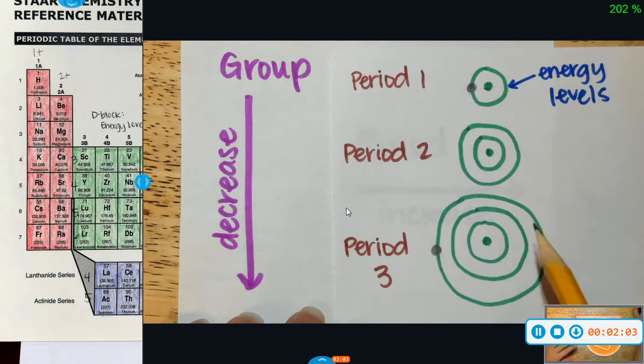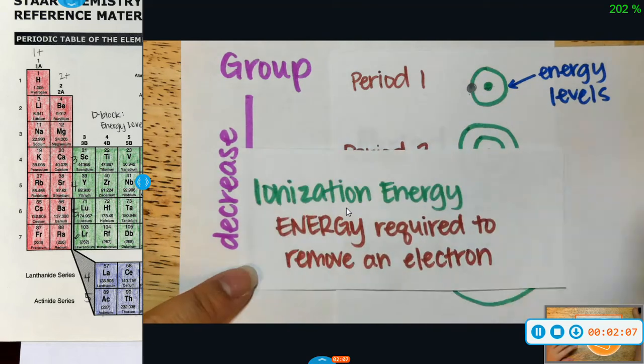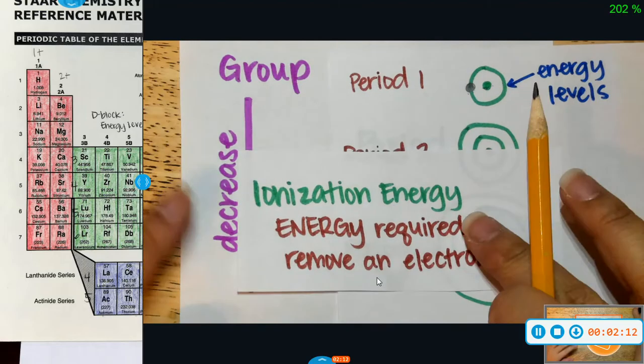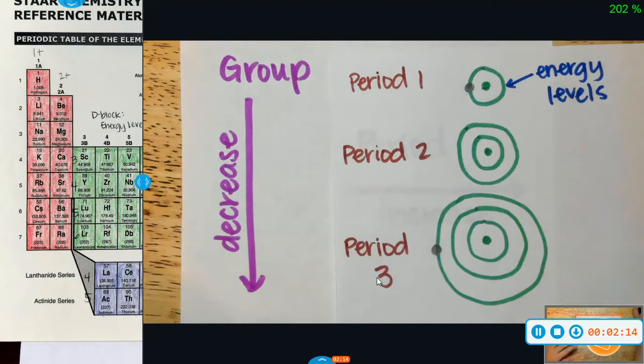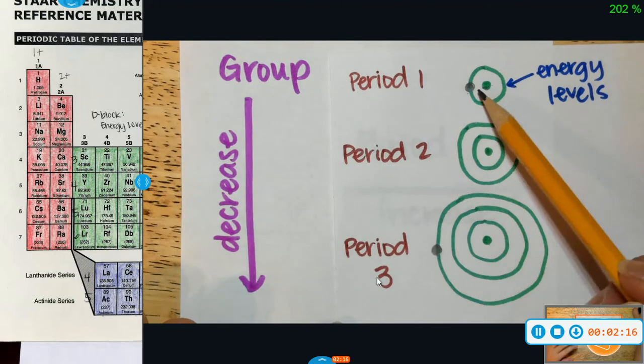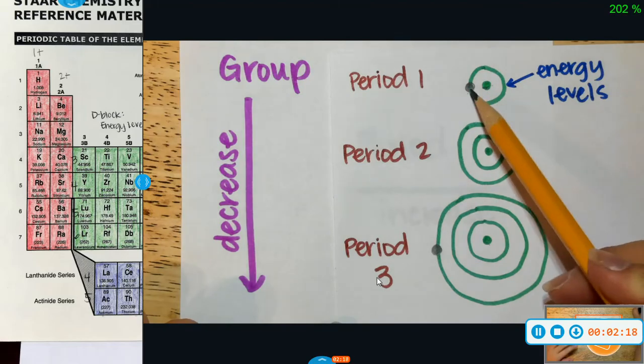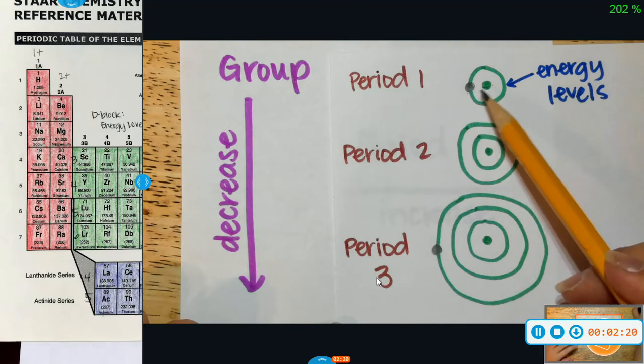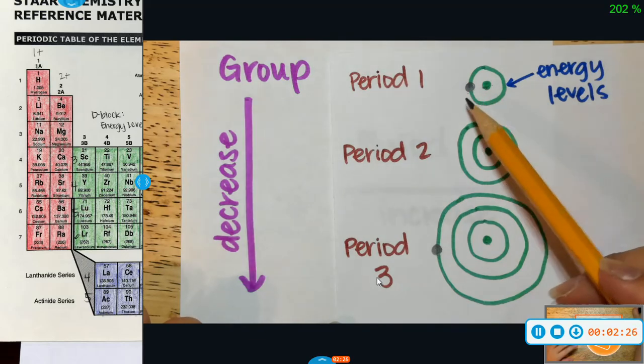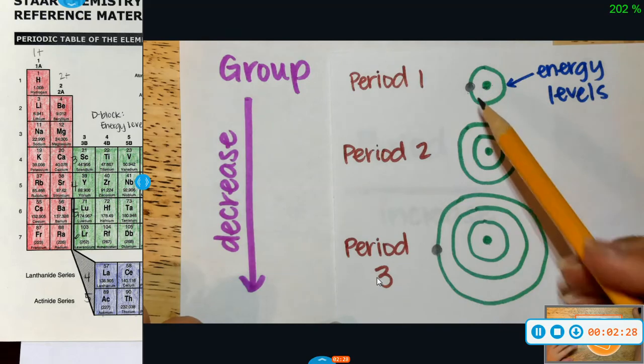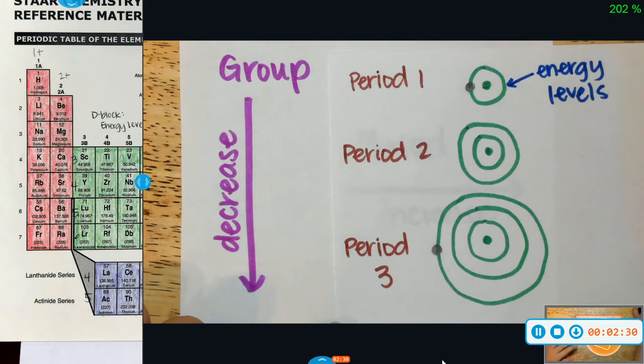So as far as ionization energy, which remember is the energy required to remove an electron, you're going to need more energy to separate these two subatomic particles, because remember, we considered them as locking arms. It's going to take more energy to separate them versus an electron that's very far from the nucleus.